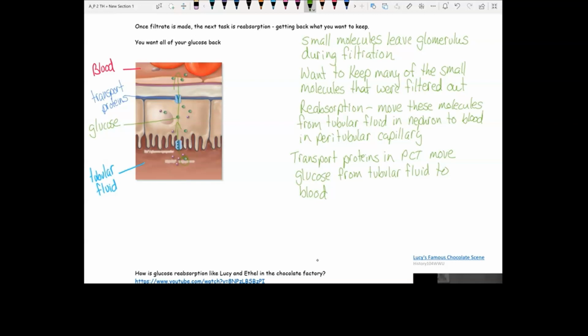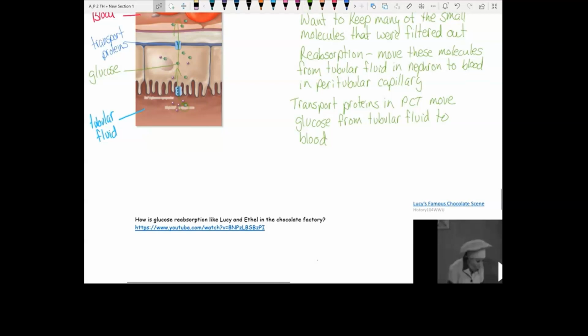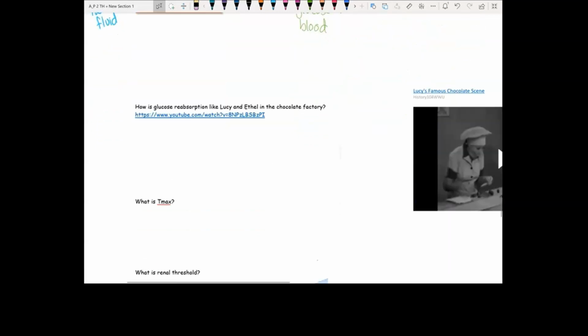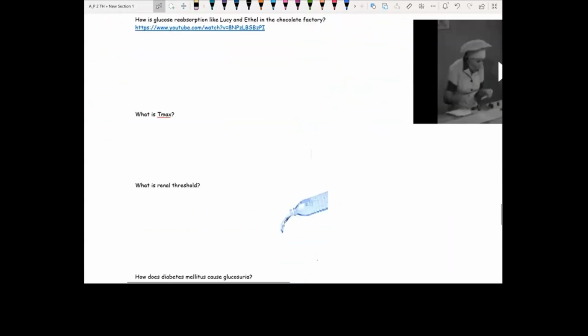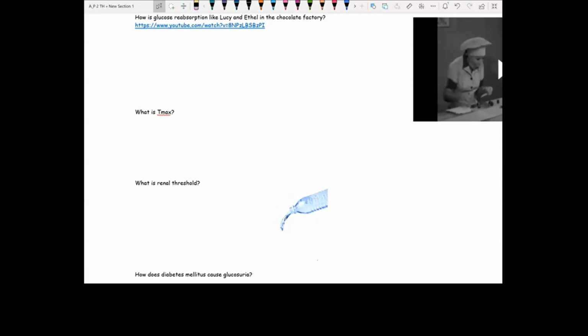Pretty simple idea. Now, with glucose, though, we do run into some issues if somebody has diabetes or the inability to regulate their blood glucose level. So you have Tmax. Tmax is the maximum amount of glucose that those transport proteins can move.